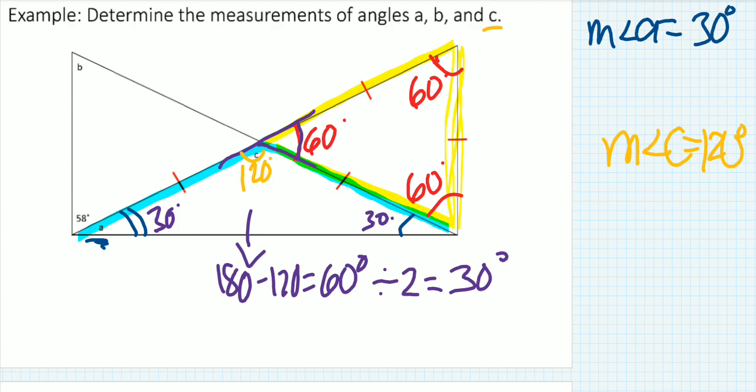Okay, and so now the last one to solve for is angle B, which is over here in this third triangle. And there's a couple of ways of doing this. We can focus on the small triangle. So let me erase these highlights so you guys can see what I'm talking about.